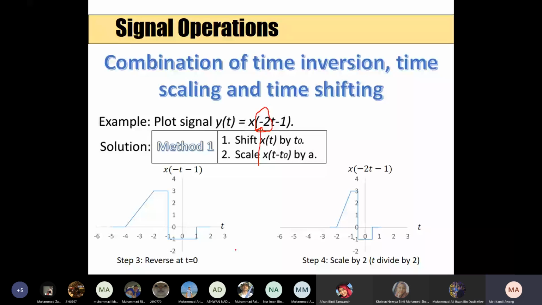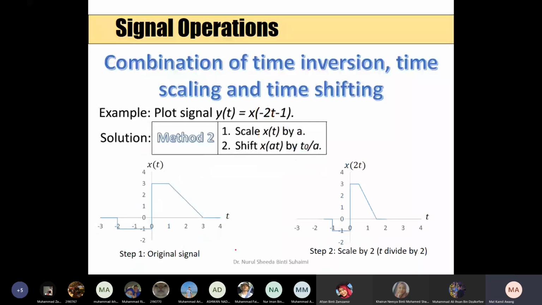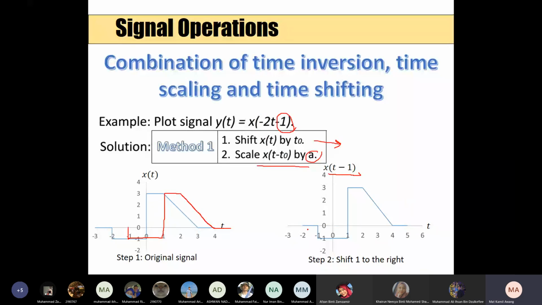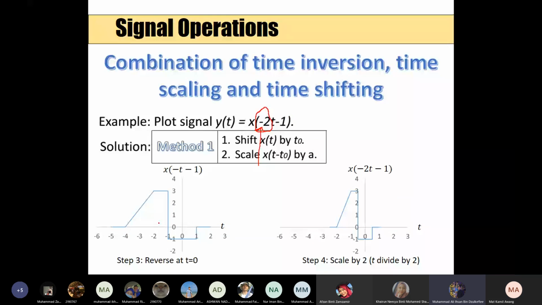If you look, this is actually the shifted signal. Then it is time reversed, so it reverses the signal with respect to the y-axis. So you get this. This is the function of reversal, inversion. Then it starts to scale with a.